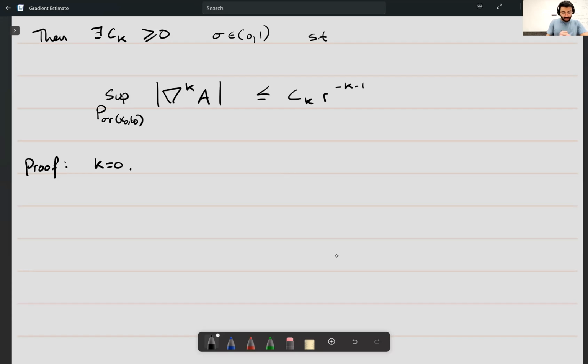Okay, so now suppose the theorem is false. Right, so now we're trying to prove that the curvature, just the norm of A, the second fundamental form, is less than or equal to C0 R to the minus 1. Okay, so suppose the theorem is false.